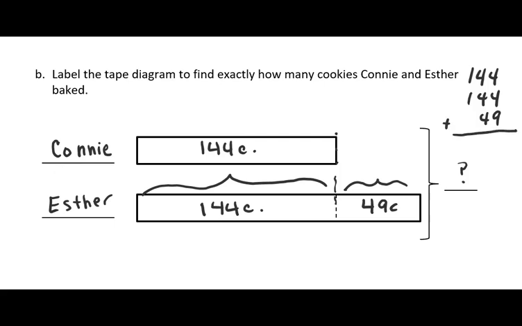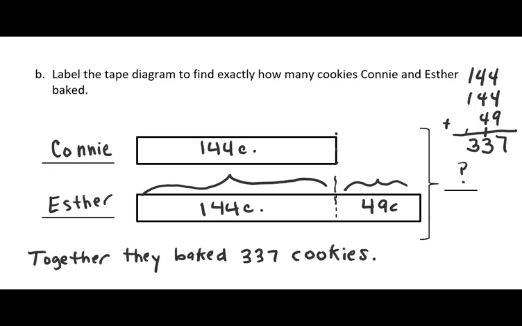So 4 plus 4 is 8, plus 9 is 17. 4 plus 4 is 8, plus 4 is 12, plus 1 more is 13. And I add my hundreds, I get 1 plus 1 plus 1 is 3. So that the exact numbers show us that together they baked 337 cookies, which was pretty close to the 330 that we had estimated.